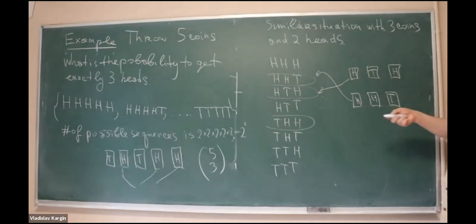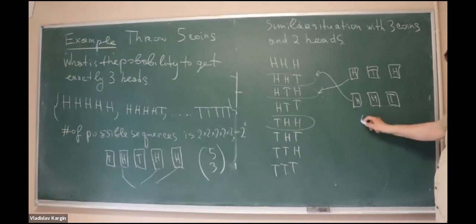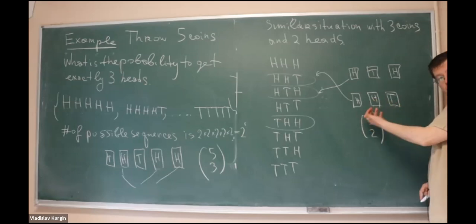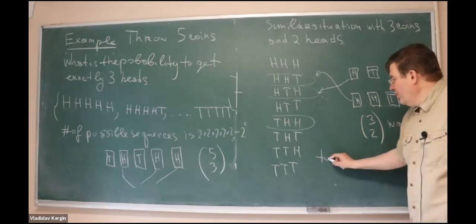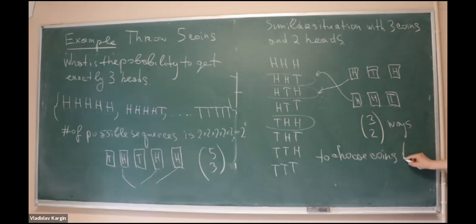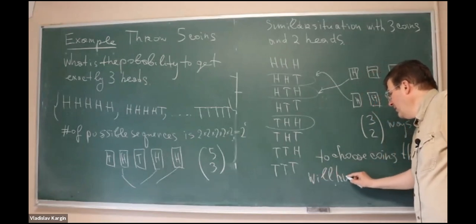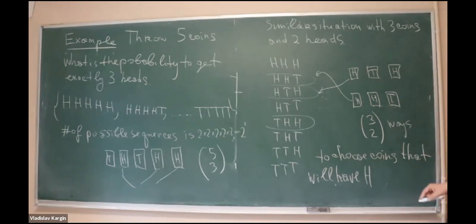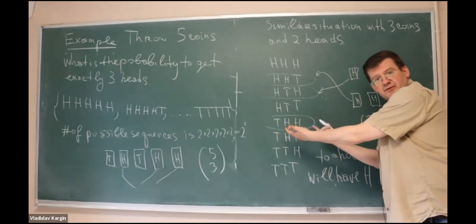Now the problem is to choose 2 coins out of 3. These will be the coins with heads. So in this case, it's 3 coins and I choose 2 of them, so the coefficient 2 out of 3: the number of ways to choose coins that will have heads. Once I made this choice, it corresponds to one of the possible sequences.